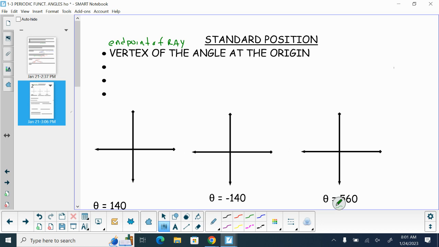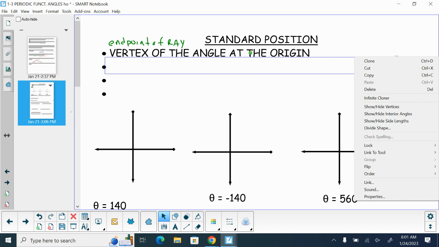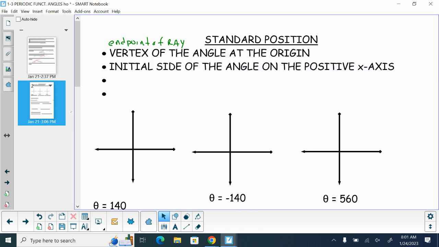So we're going to hold this ray at the origin, the end point, and we're going to start spinning it. And that end point is going to be at the origin. The initial side of the angle is on the positive x-axis.